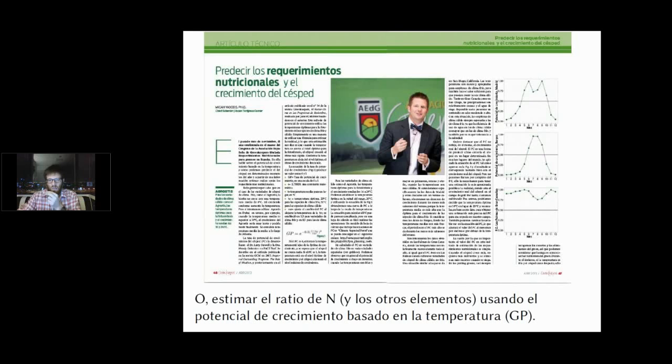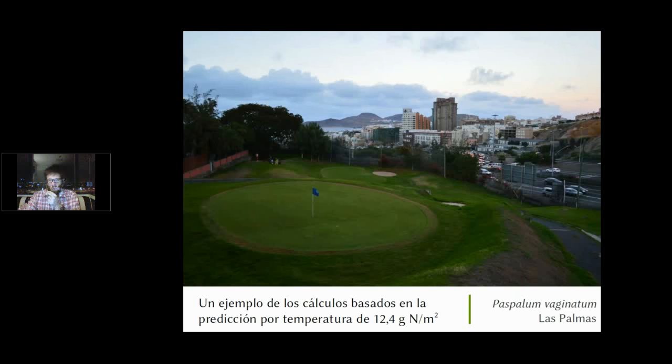Well, in order to apply exactly what's being done in Orlando in another place, we can use the growth potential. So I calculated this for Las Palmas, and for seashore paspalum at Las Palmas, I calculated an estimated nitrogen use of 12.4 grams of nitrogen per square meter.